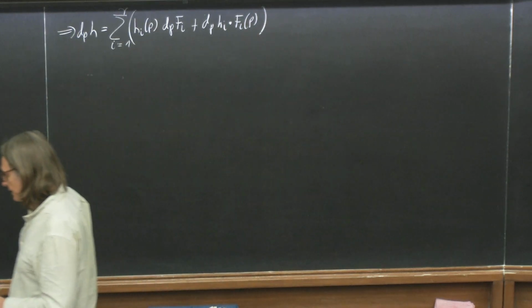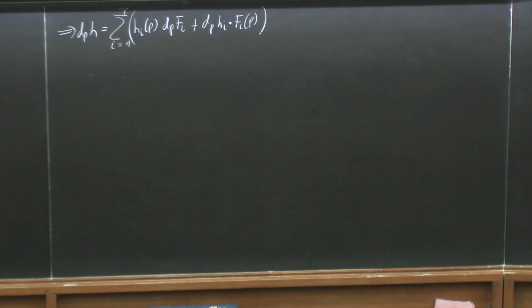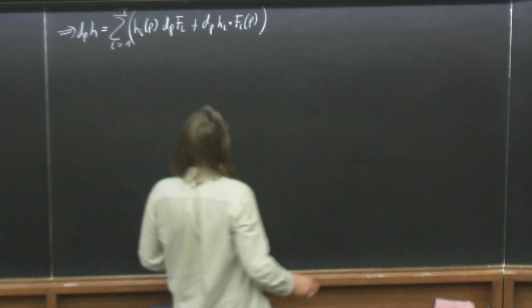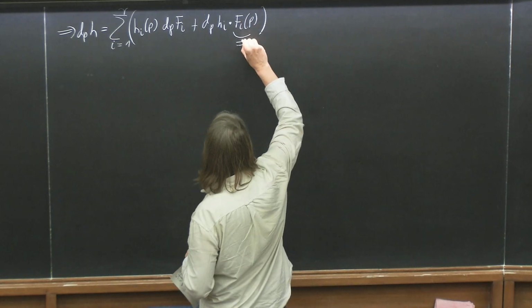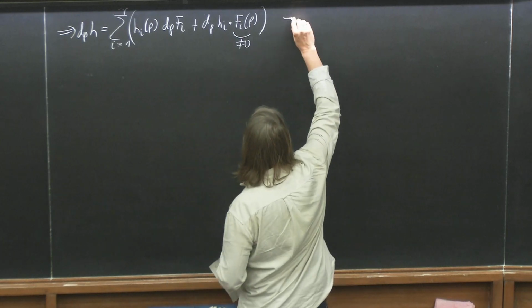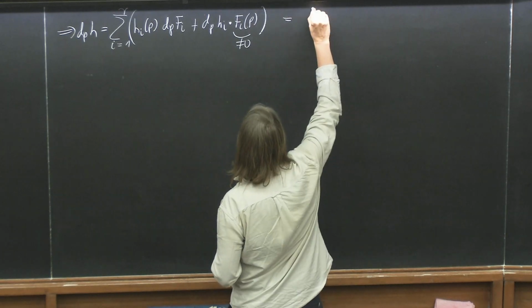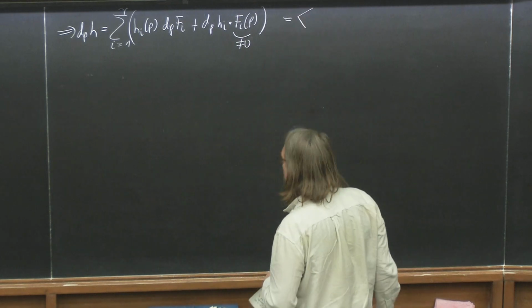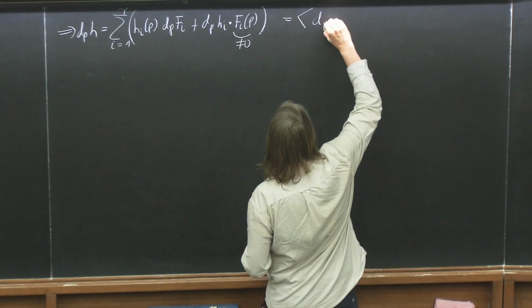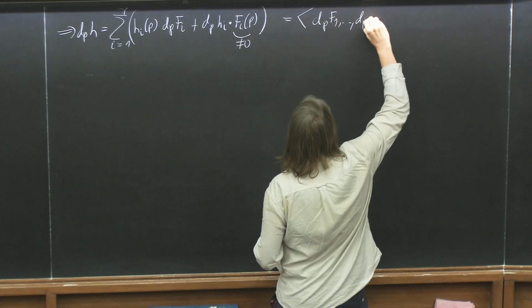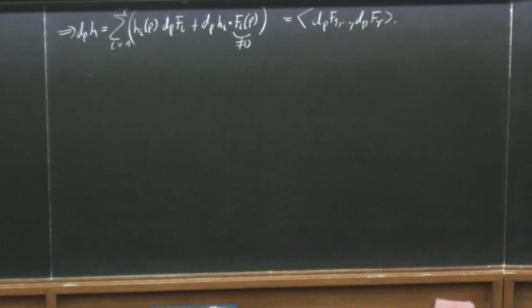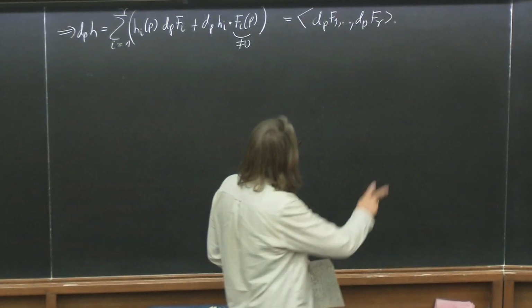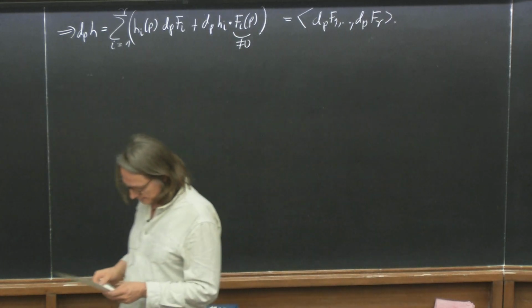But the f_i lie in the ideal of X, and P is a point in X, so this is equal to 0. And so we see that this is in the subspace generated by the d f_i. So for every element h in the ideal, I can express the differential as a linear combination of the differentials of the generators, and so the zero set is the same.